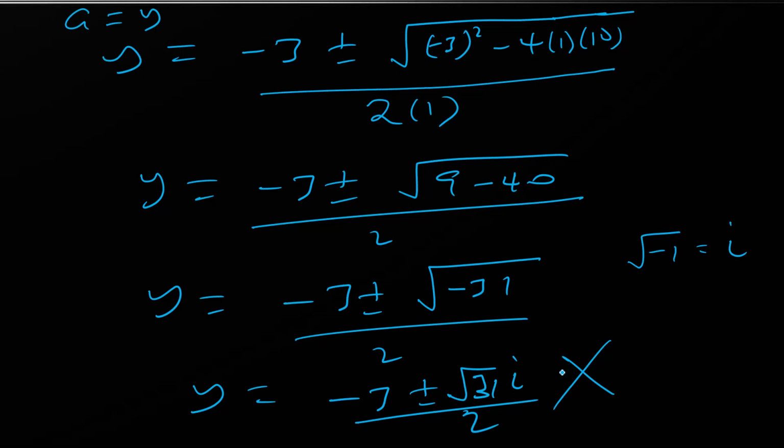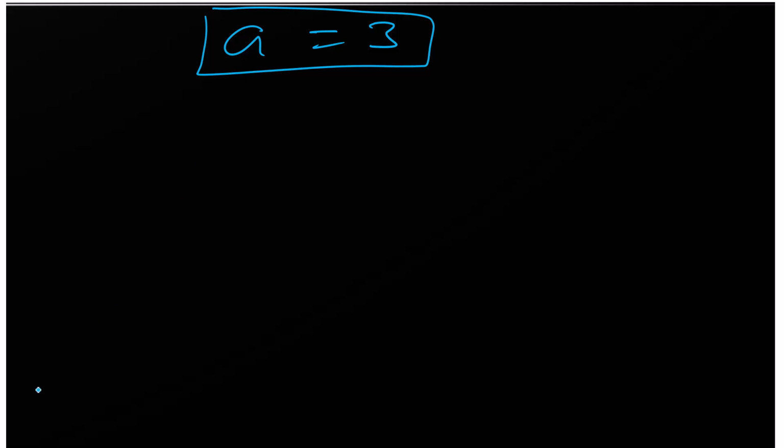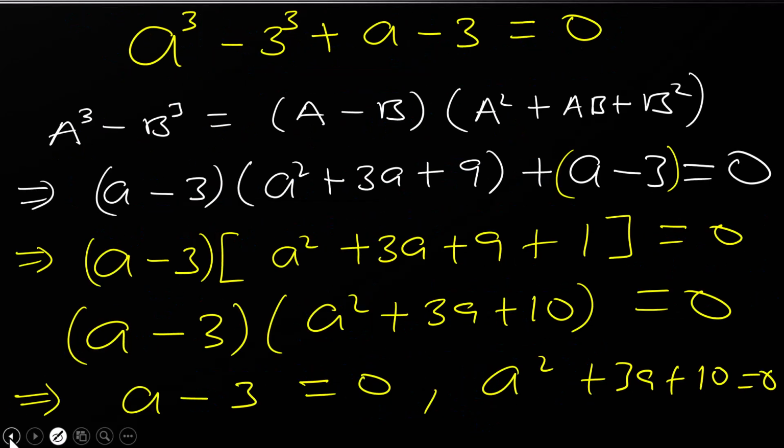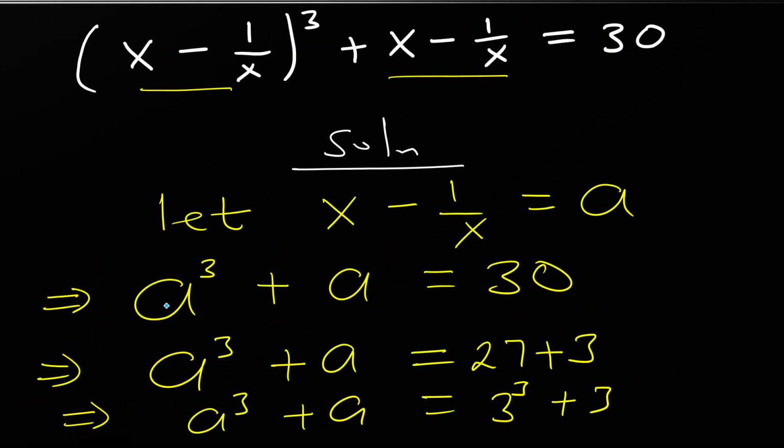So let's ignore it and move on to when a equals 3 and find the value of x, and that's all. So let's stick to the real solution, a equals 3, and look for x. Remember we said that x minus 1 over x equals a.